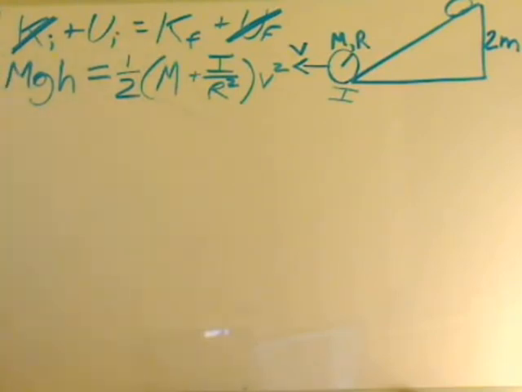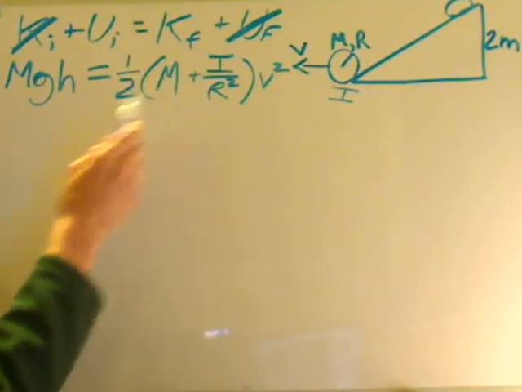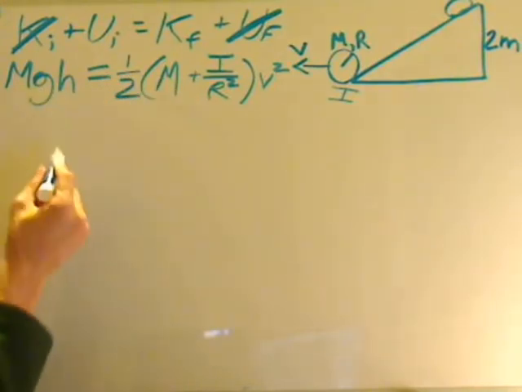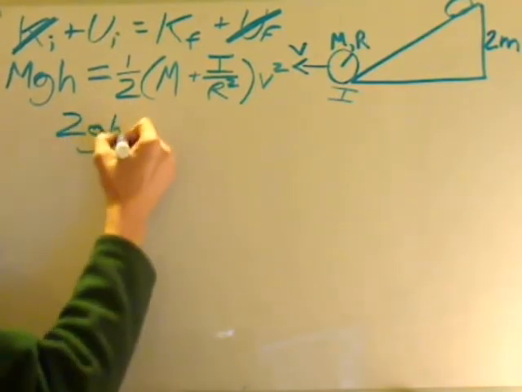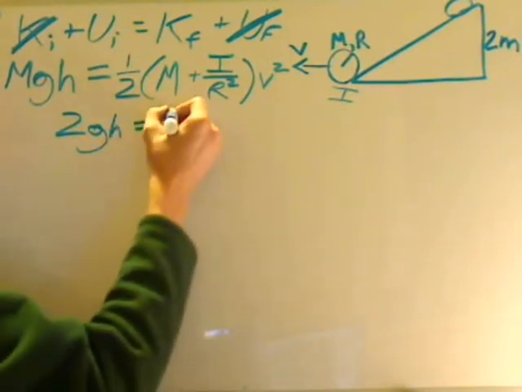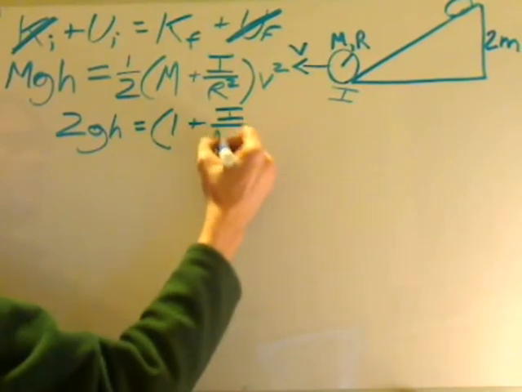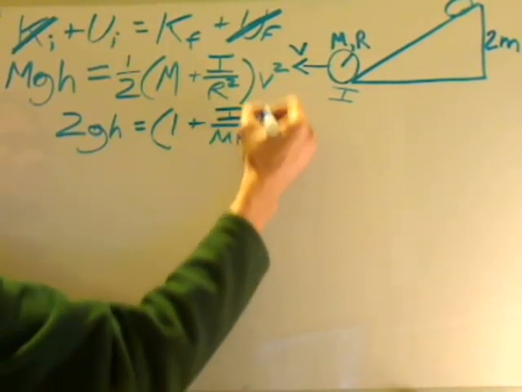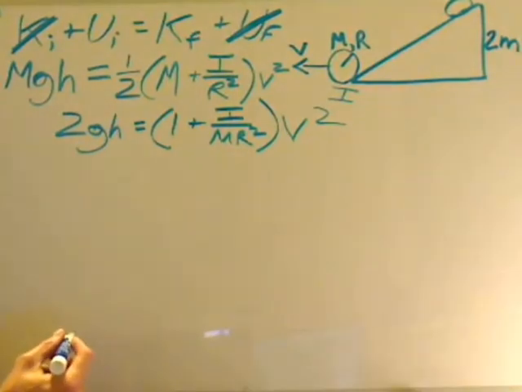So if we multiply both sides by 2 and divide both sides by mass, we get 2gh equals 1 plus moment of inertia over mr squared, times v squared. Just two algebra steps there.